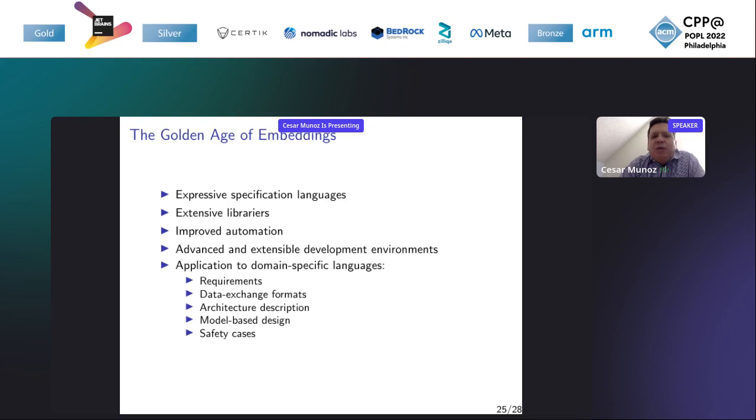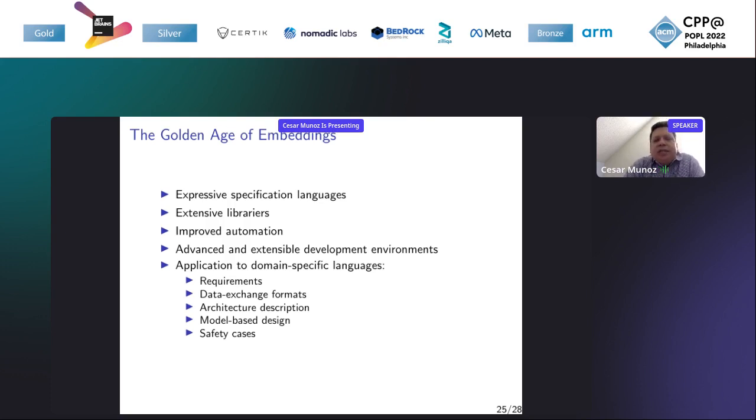Because we have now IDEs that are extensible and advanced, and we can change the syntax, and we have dynamic syntax, for example, and we can use all these features in order to mimic new syntactical constructs, not only in the input but also in the pretty-printing.